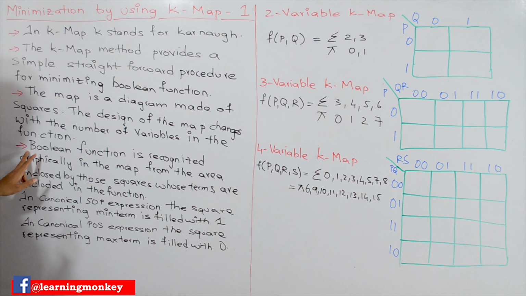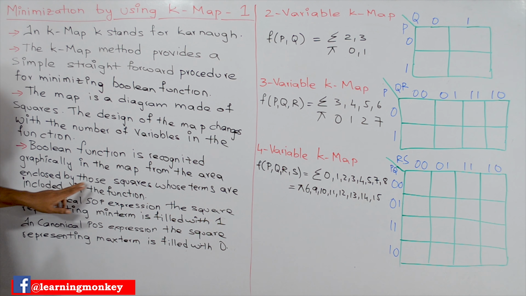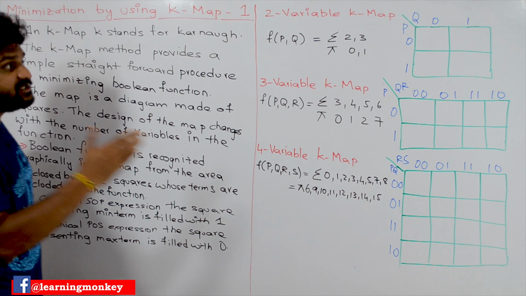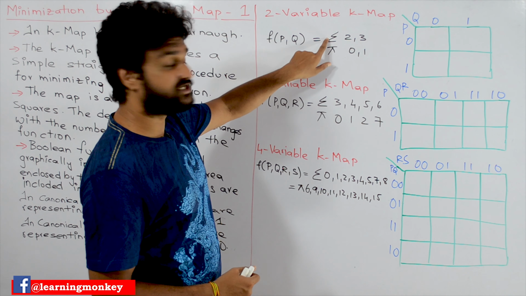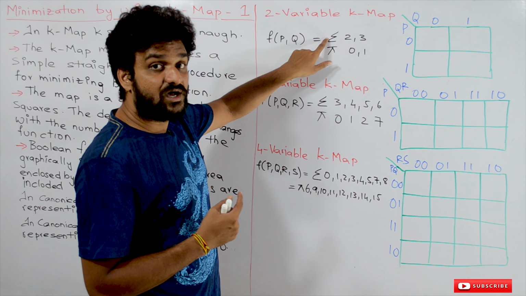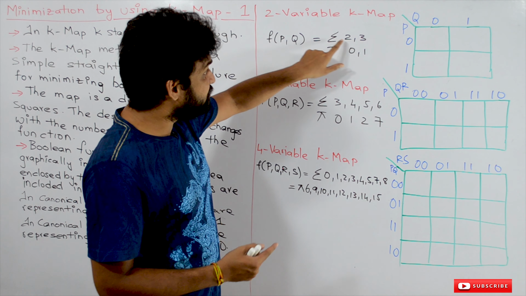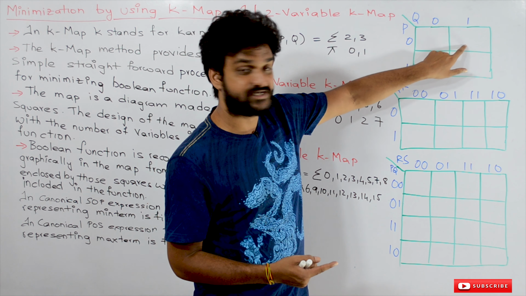Now a Boolean function is recognized graphically in the map from the area enclosed by those squares whose terms are included in the function. What does that mean? Given a Boolean function, it is represented by using those squares.